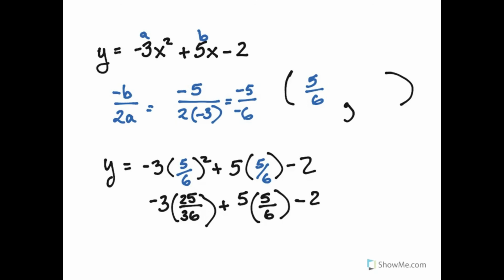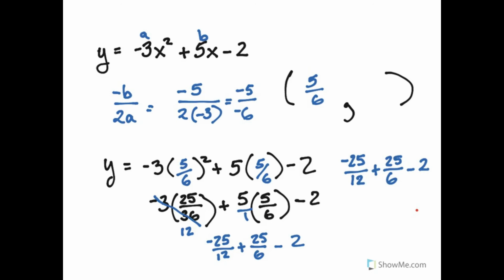Well, 5/6 squared is 25 over 36, and 3 goes into 36 and leaves 12, so I have negative 25/12 plus 25/6 minus 2, and that has a common denominator of 12, so I'll multiply 25 over 6 by 2 over 2, and I'll multiply 2 by 12 over 12, and that gives me minus 25 over 12 plus 50 over 12 minus 24 over 12.